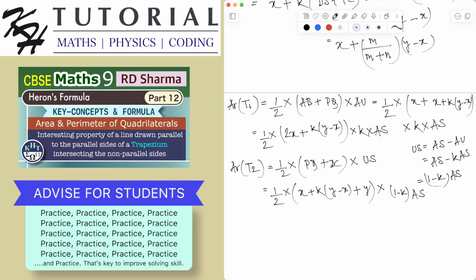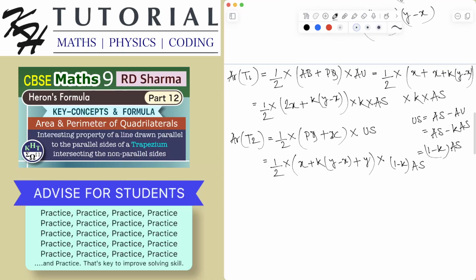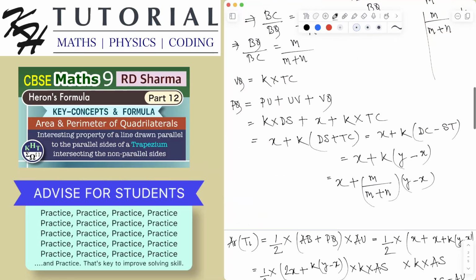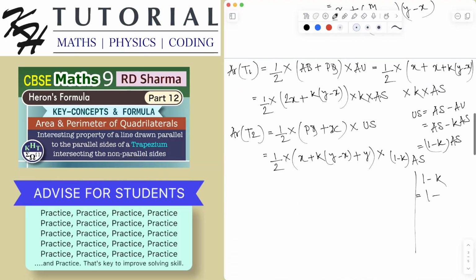Okay, so what is 1 minus k? 1 minus k is equal to, k we have assumed to be m by m plus n. So if I simplify this, it will be n by m plus n.